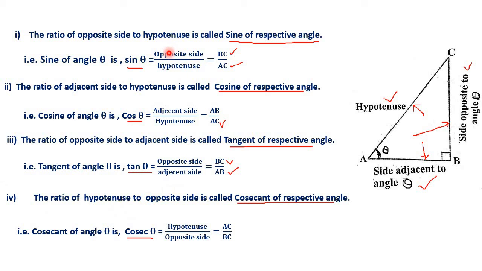In sin theta, opposite over hypotenuse becomes reciprocal in cosecant theta. Hypotenuse is AC, opposite side is BC.